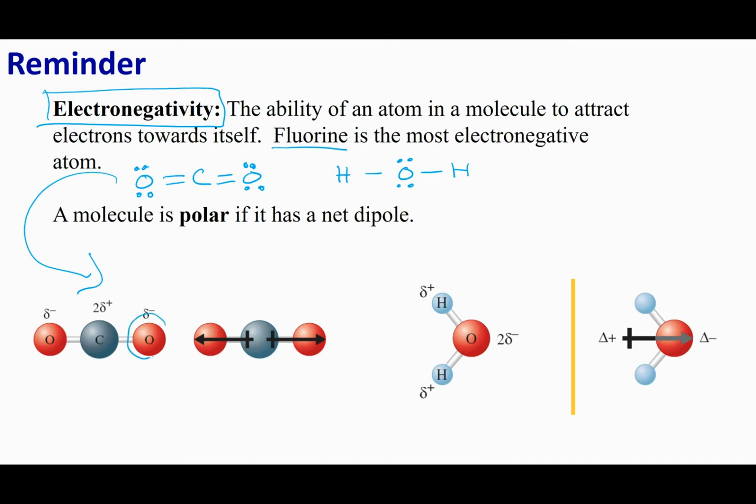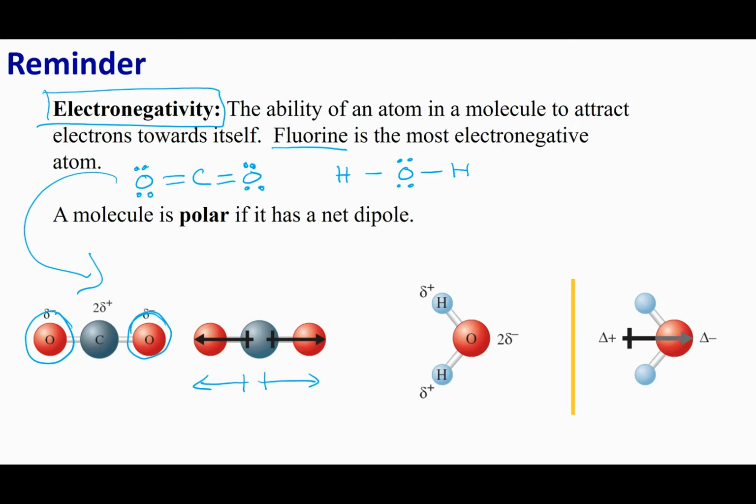What we'll note is that oxygen is more electronegative than carbon. So what I would do is I would draw dipole arrows with the heads of the arrows pointed towards the oxygen, and then the tails with that hash mark, that is going to be placed on carbon itself.